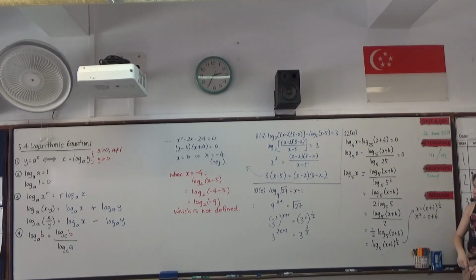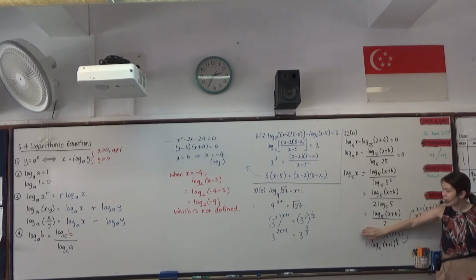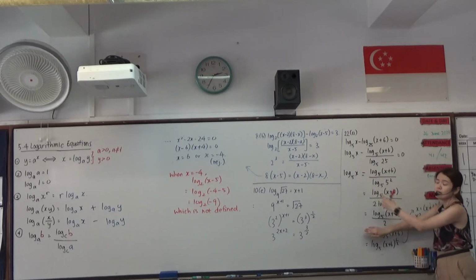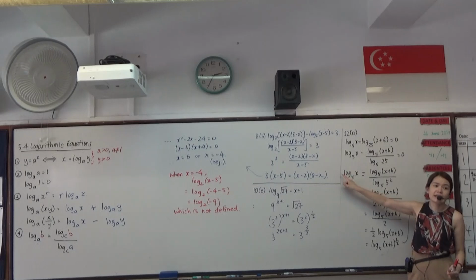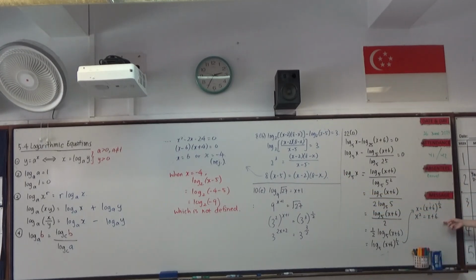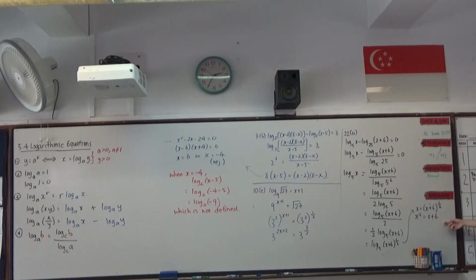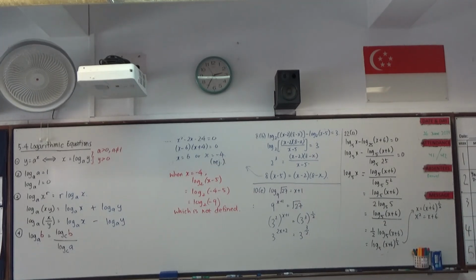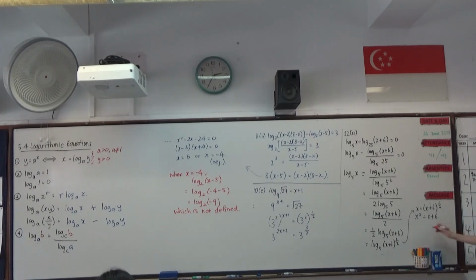Okay, I am also aware that for some of us, you ended up at this step and then you decided to cross multiply already, where you bring the 2 over to the other side. That's also fine. You will also get the same quadratic equation. So not a problem at all. So your solution in the end will be x equals 3 or x equals negative 2.